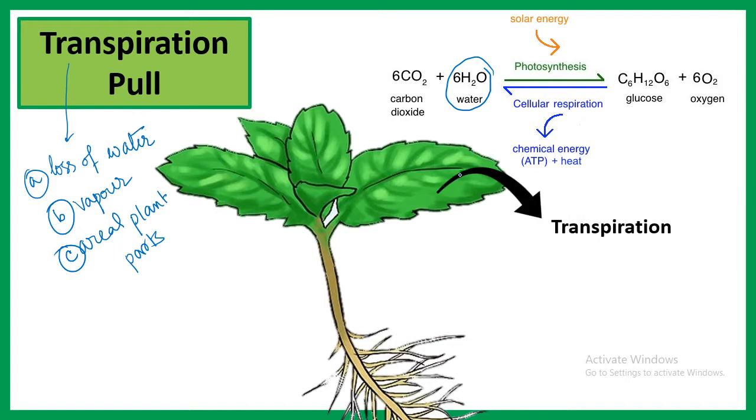Then there will be transpiration, which is loss of water in the form of vapor from the aerial part, and then there will be diffusion. How will diffusion take place? From the plant, the leaves will have water in the form of very tiny water droplets, molecules. Those molecules will get diffused out into the air, and those molecules will float in the air, right?